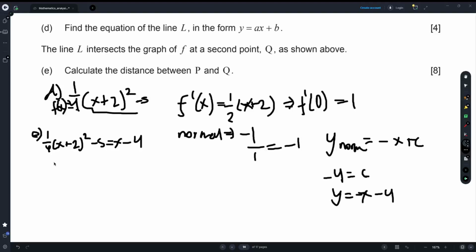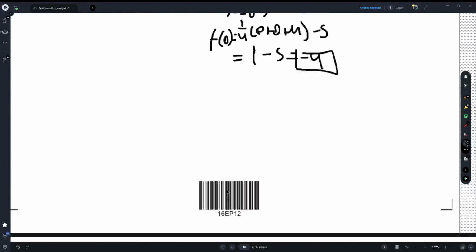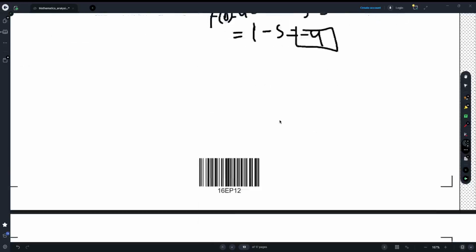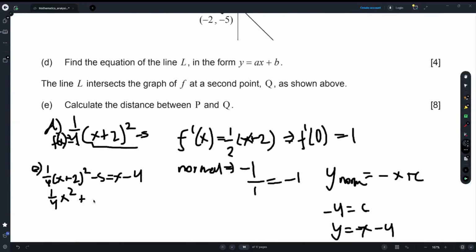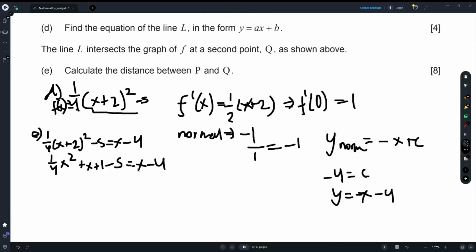It's actually better to expand in this case. 1/4 x squared plus x plus 1, because we're dividing by 4 everywhere, is equal to minus x minus 4, my apologies.